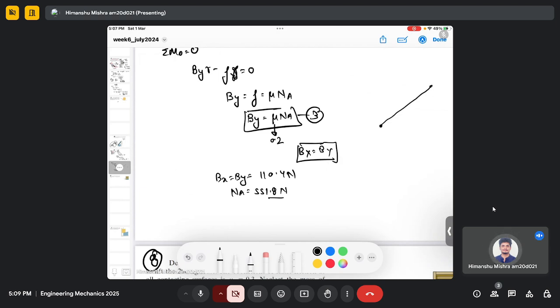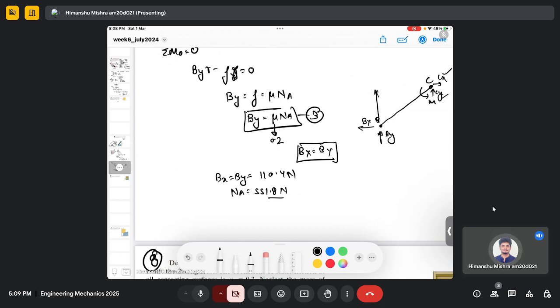So this will be Bx, this will be By, this is Cx, and this is Cy, and this is the moment M which is acting. So this is C and this is B. If I take the moment about point C, I don't need to consider Cx and Cy because there will be no moment due to forces Cx and Cy, but there will be a moment due to the forces Bx and By.